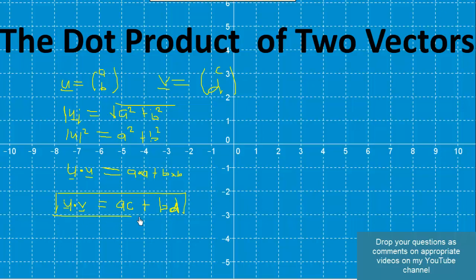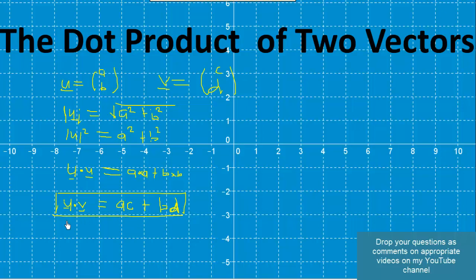Whenever we have two vectors and we dot them, this is the definition. So vector u dot vector v is given by this. Now this has an interpretation.